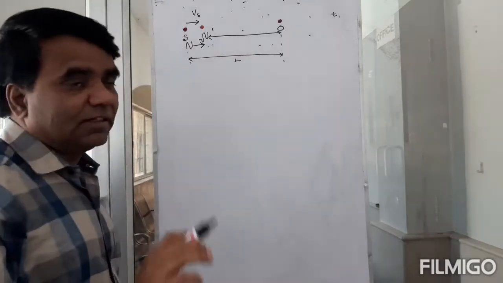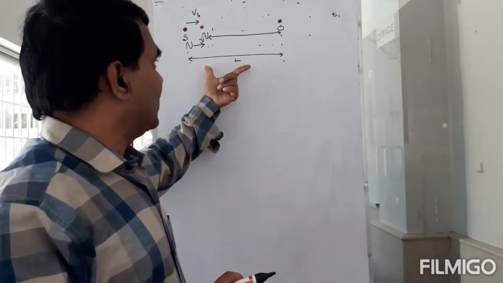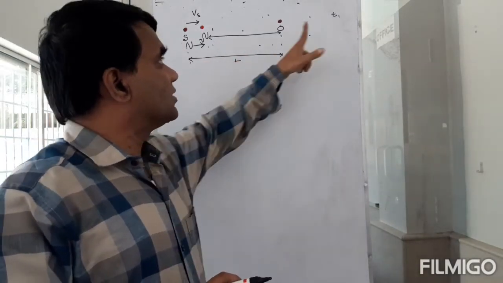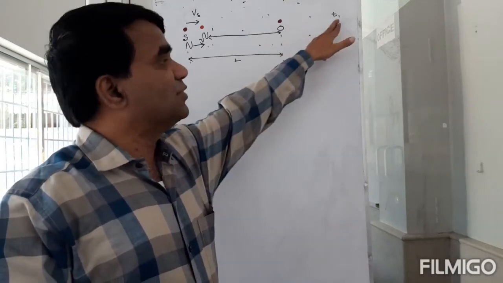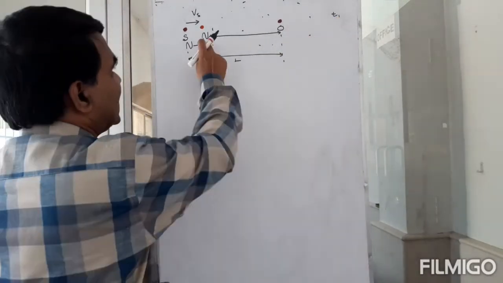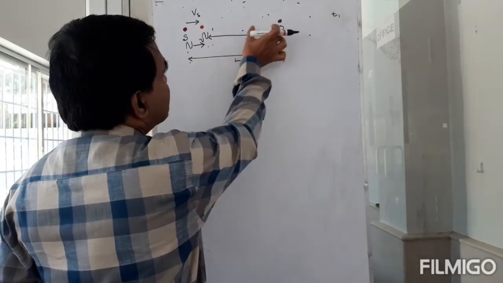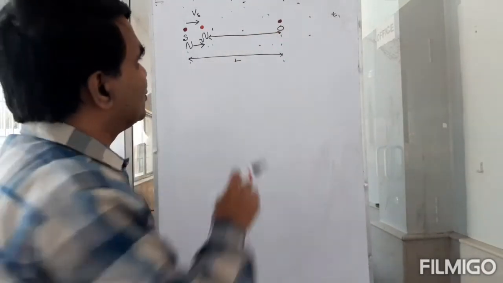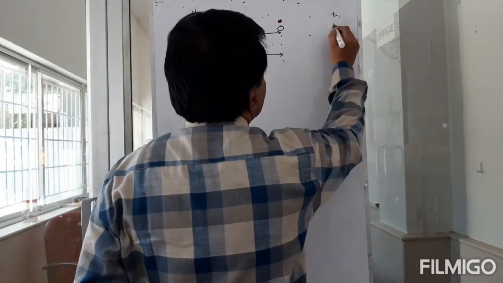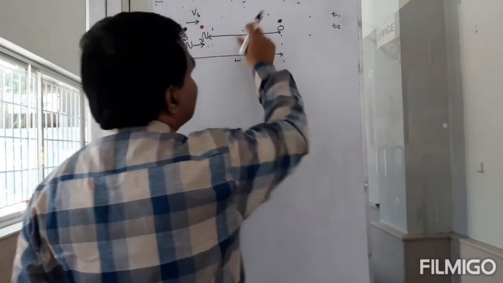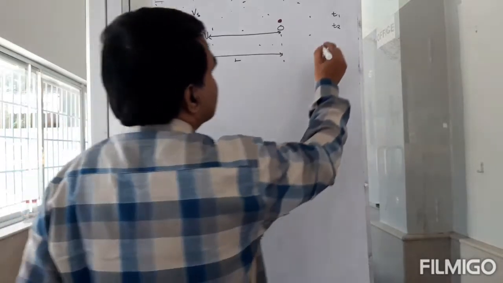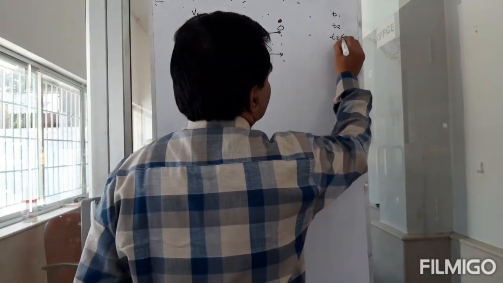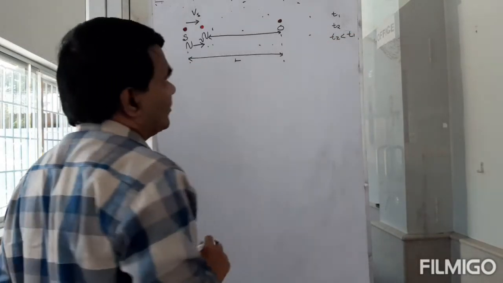Note that the first wave had a certain distance to travel, so it will take a certain time t1. But now the second wave has a smaller distance to travel to reach you. So this will take a different time t2. So in this case, t2 is smaller than t1.